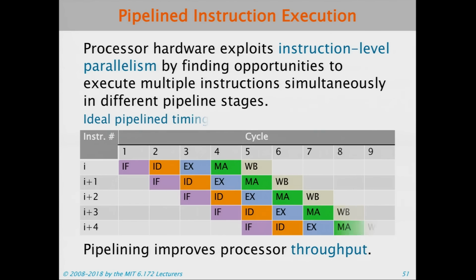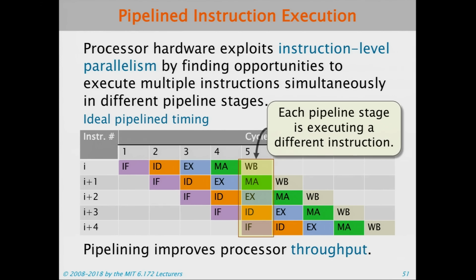So ideally, what you'd like is that you can start instruction 2 on cycle 2, instruction 3 on cycle 3, and so forth, and once you get into the steady state, have 5 instructions executing all the time. That would be ideal, where each one takes just one stage. So that's really pretty good, and that would improve the throughput. Even though it might take a long time to get one instruction done, I can have many instructions in the pipeline at one time.